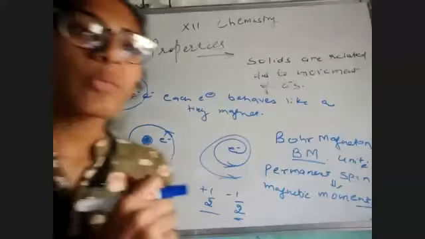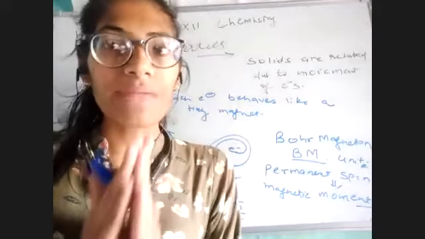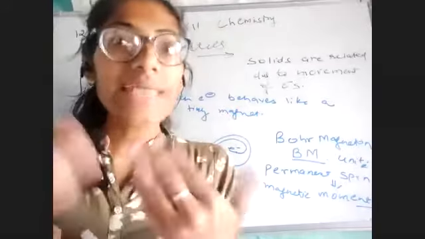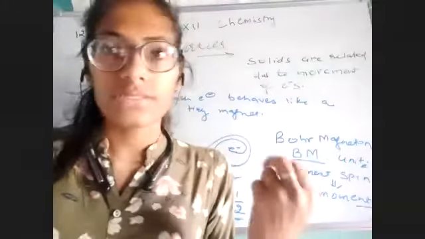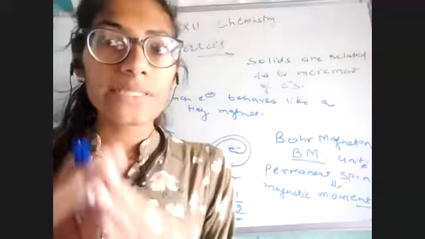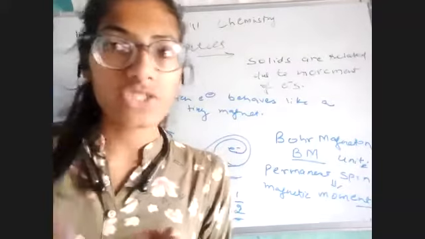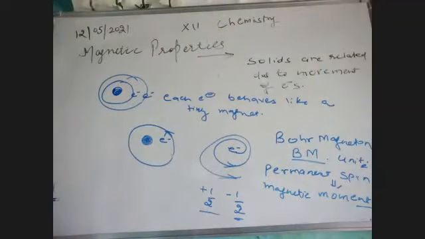Now, on the basis of these magnetic properties of electrons, let's see how we can differentiate solids and what they want to convey to us.